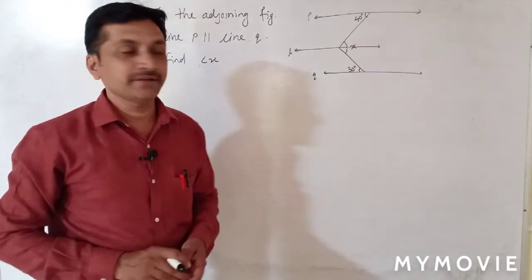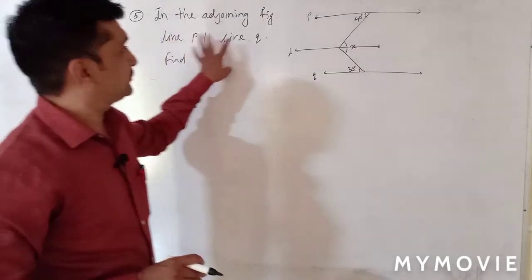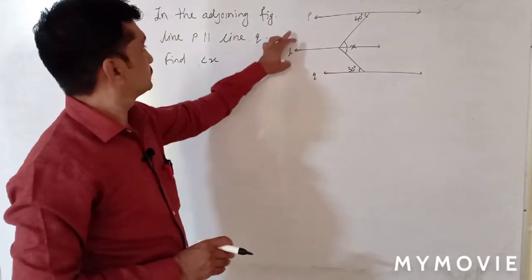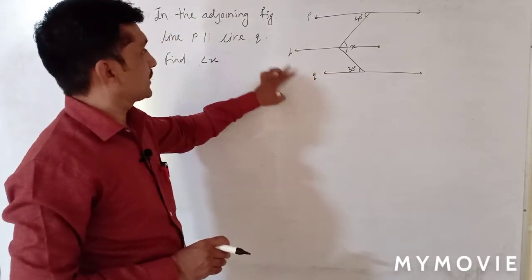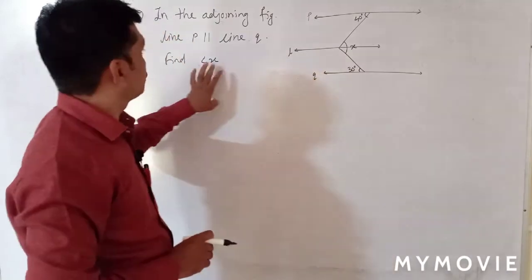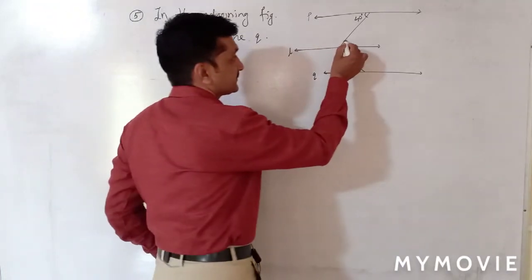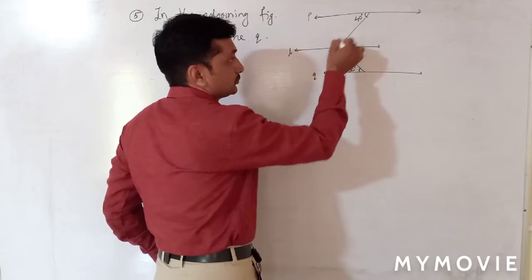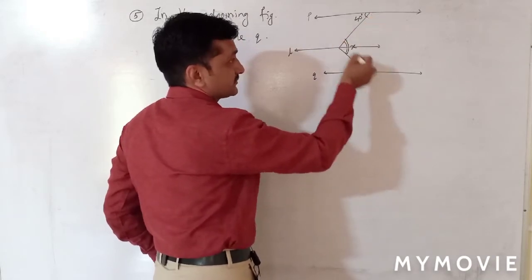Now example number 5. Line P and line Q, these two lines are parallel, and line L is parallel to both. Find the measure of X. Now X is this angle, the total angle between this and this.